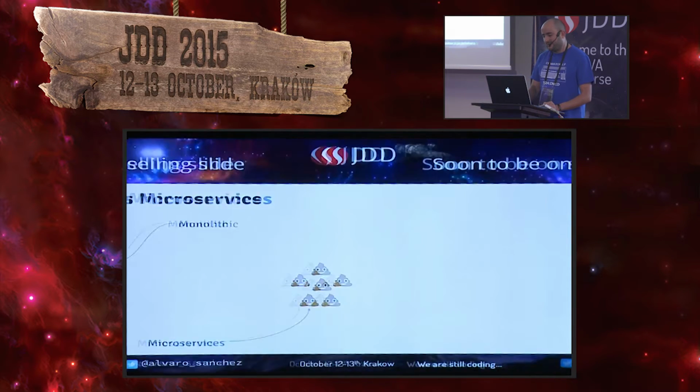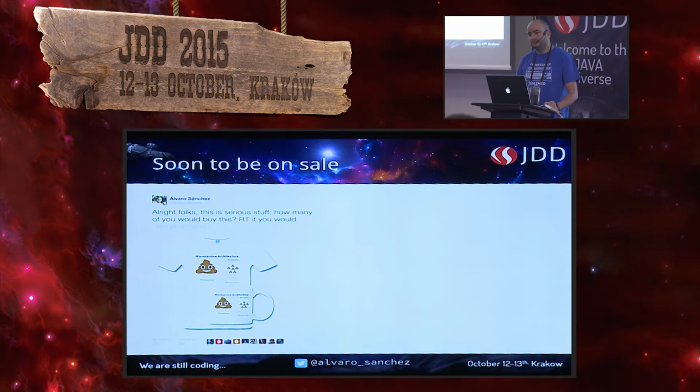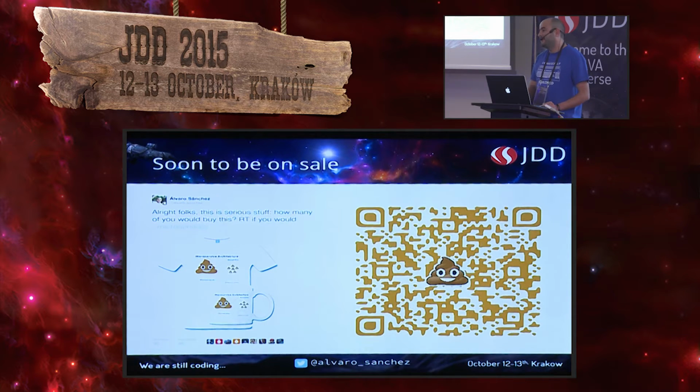So a few days ago, I asked on Twitter how many people would be willing to buy a T-shirt or a mug with that picture on it, and it's like 45 retweets. So I have this for you. This is a crappy QR code, so you can scan it and it will direct you to the tweet. So go grab your phone and scan it. You can retweet if you like the picture or not. The QR code works, by the way.